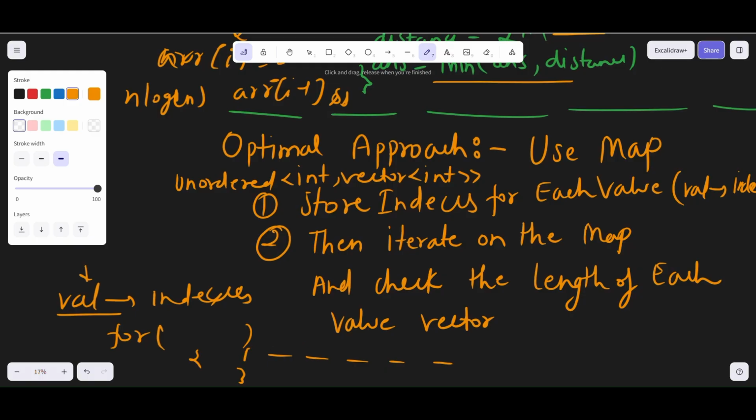Suppose for the value 1 it is present at indices 3, 5, 11 and 13. We take the distance of consecutive triples of these, and similarly if 2 is also present, we take the indices where it is present. We take the minimum of all the distances. So this will be the big O of n solution.